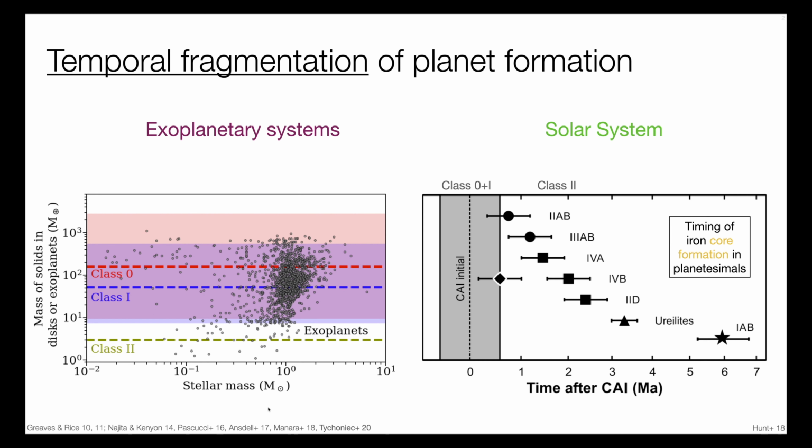The plot shows that the observed total dust mass in disks decreases substantially from class 0 to 1 to 2. In class 2 systems, there's not sufficient dust mass anymore to explain the masses of exoplanetary systems. This suggests that the dust component may get incorporated into larger objects relatively early during the evolution of the disk.